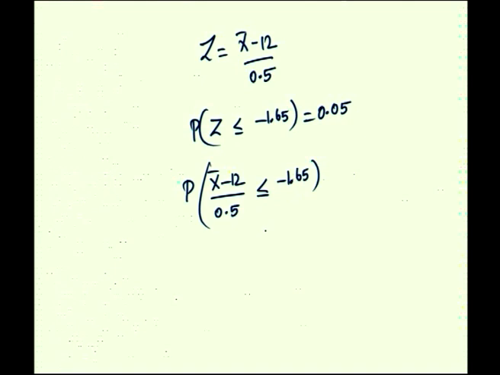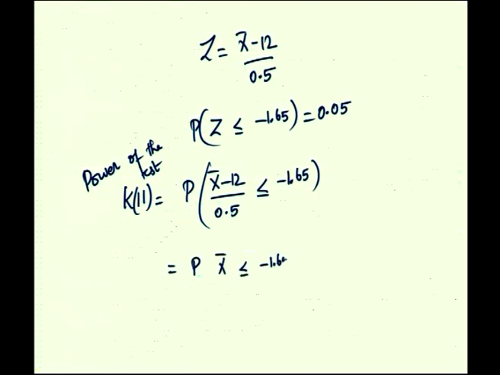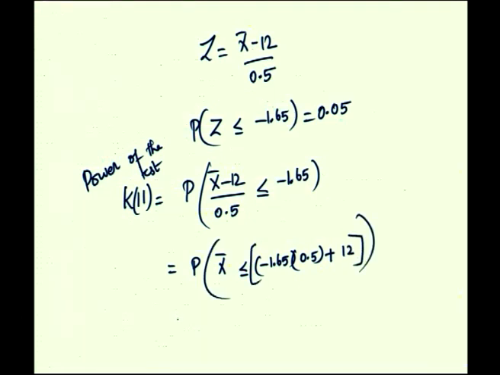This 0.05 is your level of significance alpha, but that is not the power of the test. So the power of the test is P of x bar less than or equal to minus 1.65 into 0.5, and minus 12 goes to the other side, it is plus 12. Now this 12 is changed to 11. How?